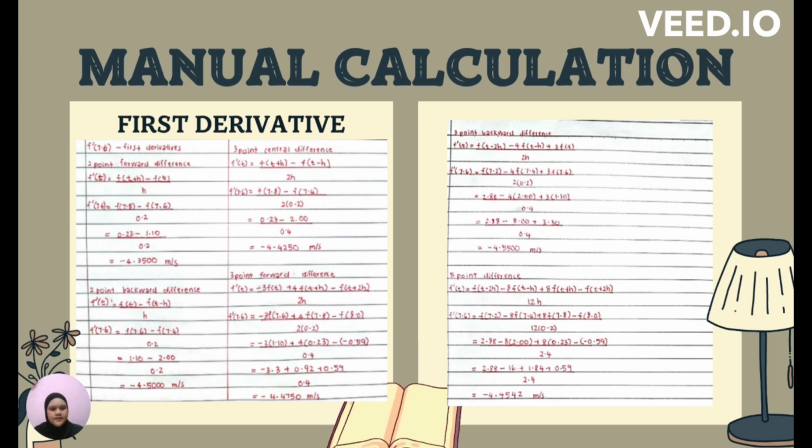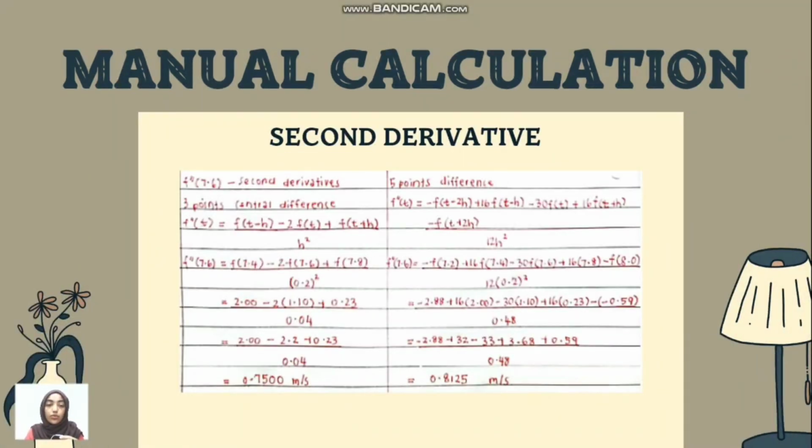For 3-point central, forward, and backward, we obtain negative 4.4250 meter per second, negative 4.4750 meter per second, and negative 4.5500 meter per second. Whereas for 5-point difference, we obtain negative 4.4542 meter per second.